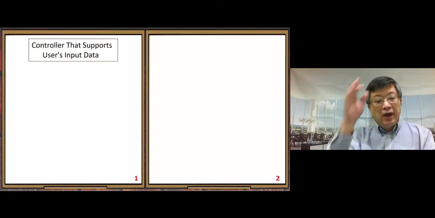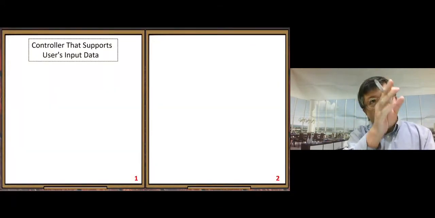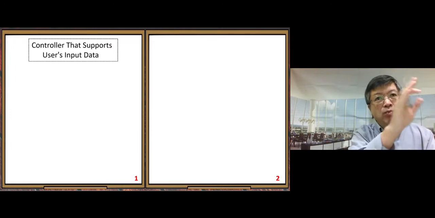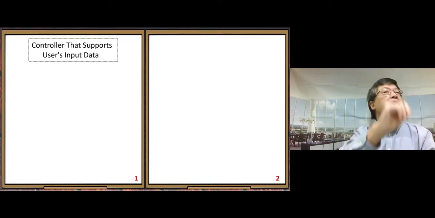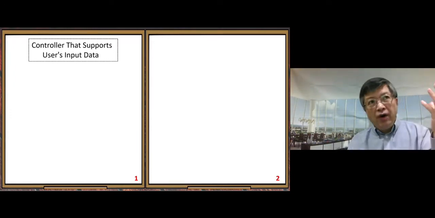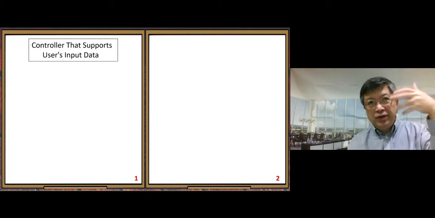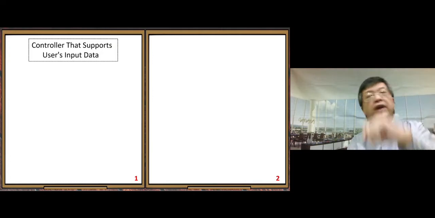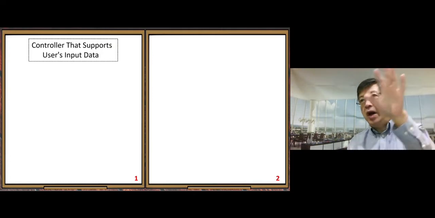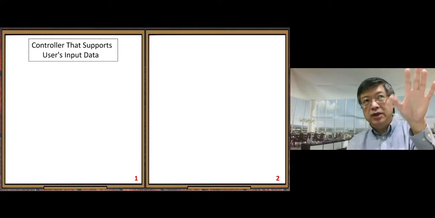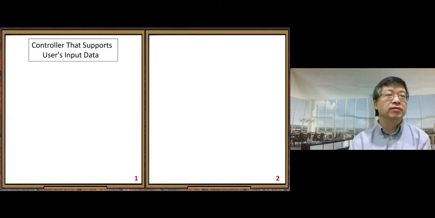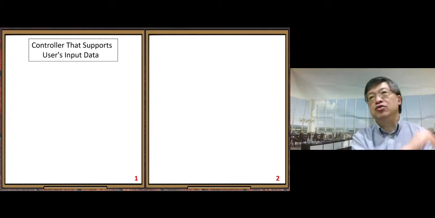First, we need to select an appropriate controller that supports users' input data. Recall the previous controller we used in that Hello Spring example, abstract controller. That one does not support input data, so we cannot use that controller.